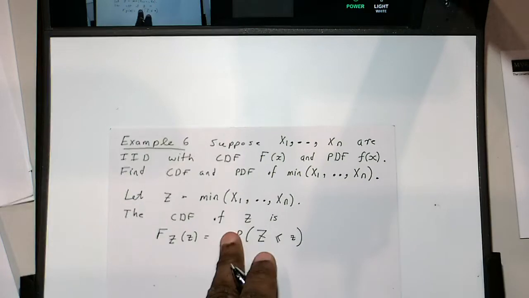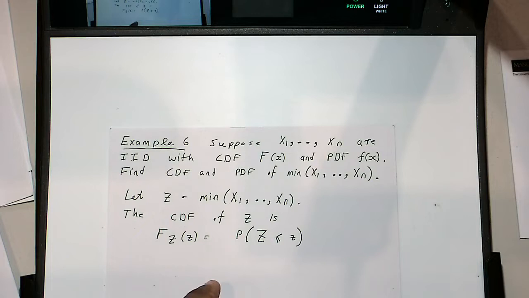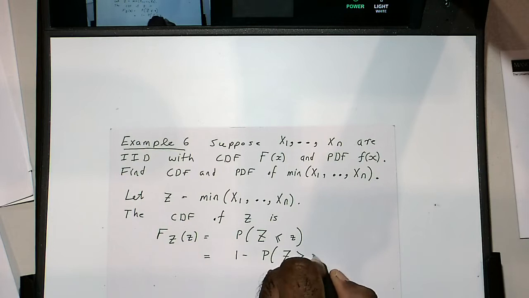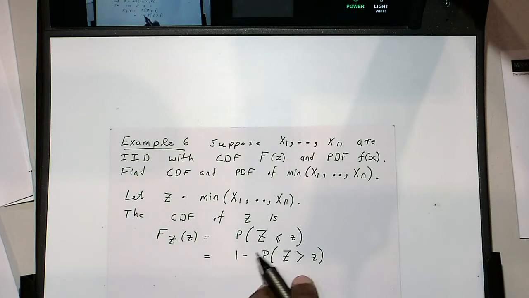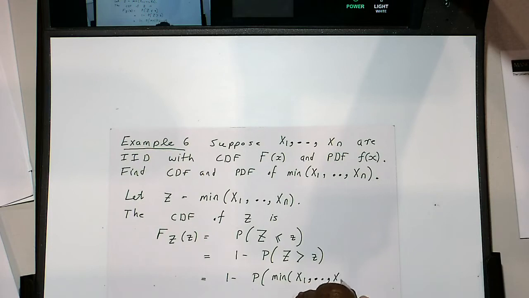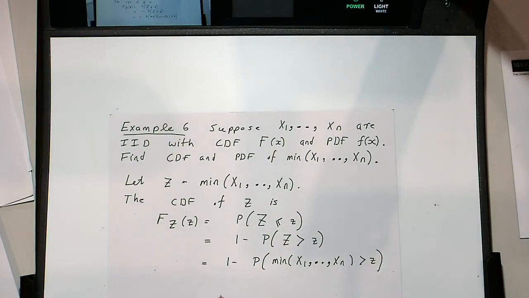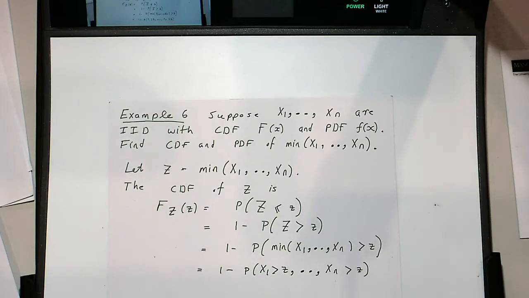Because we are dealing with the minimum and not the maximum, by the complement rule I write this as 1 minus the probability that the minimum of the n variables is greater than Z. If the minimum is greater than Z, then each of the numbers has to be greater than Z. You might have seen this before in some of the courses you have taken.